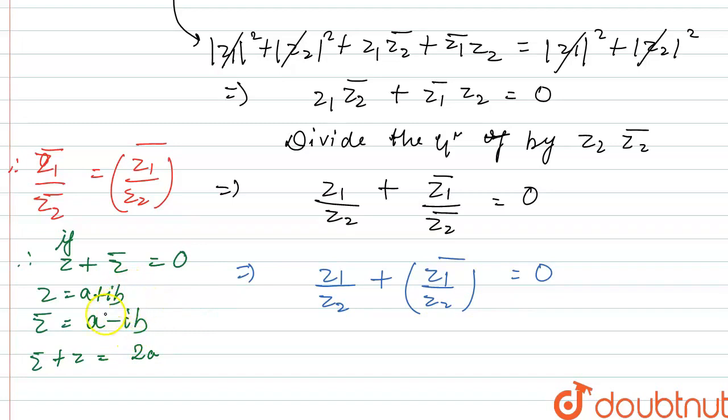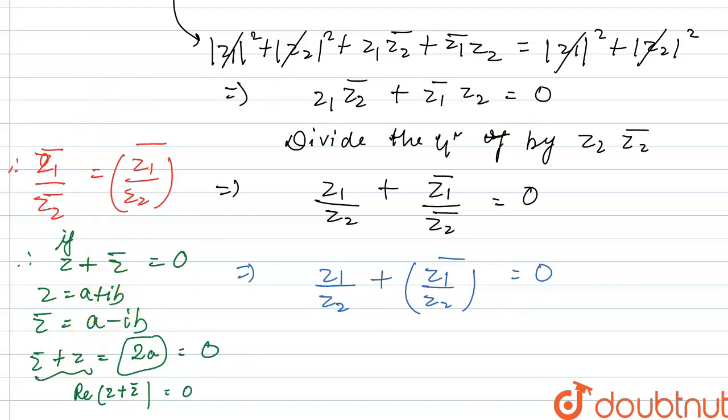So if this should be 0, then this value, that is the real part, should be equal to 0. If for this condition the real part of z plus z bar should be equal to 0, that means z is purely imaginary, because then we'll have only the imaginary part, no real part.